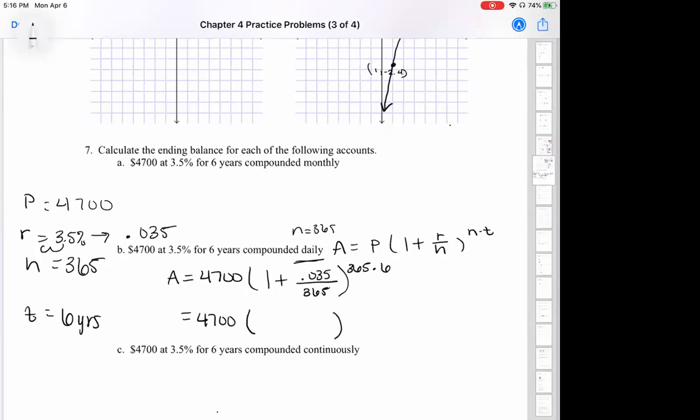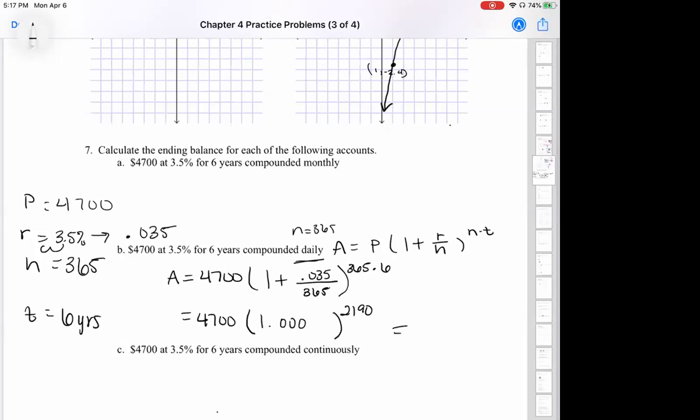So I have 0.035 divided by 365 plus 1. That's about 1.000. Keep that in your calculator. And then you can raise it to 365 times 6, 2190. All right, so let me do that again. 0.035 divided by 365 plus 1. I'm going to raise it to an exponent of 2190 and then multiply it by 4,700.